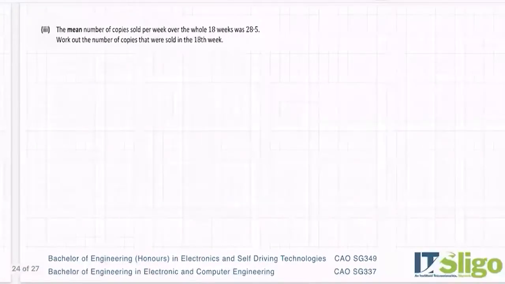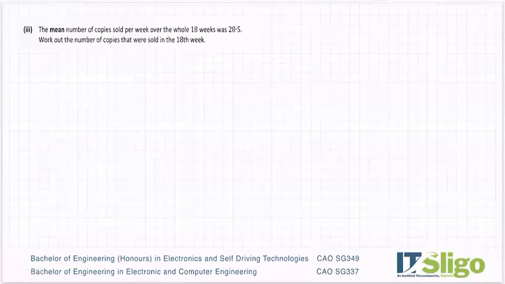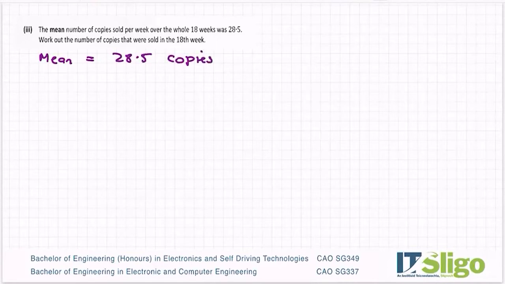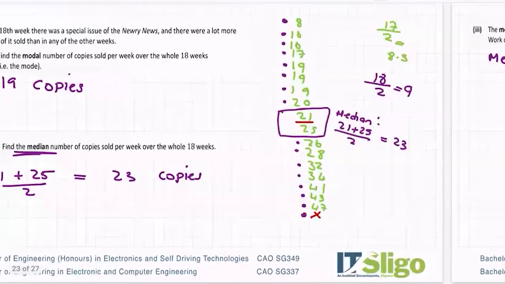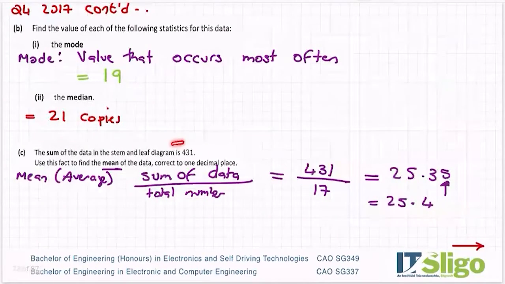And then the last part of this question: the mean number of copies sold per week over the whole 18 weeks was 28.5. Work out the number of copies that were sold in the 18th week. So mean equals 28.5 copies. What you would have done is added up all the values. If I add up the first 17 values, do you see it's 431?